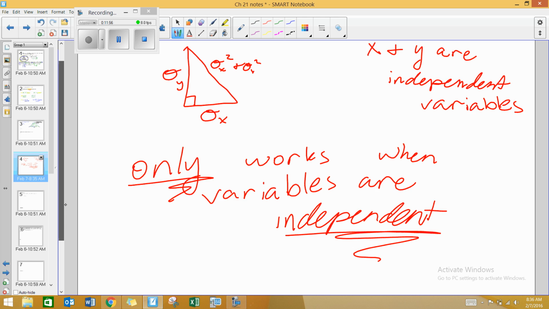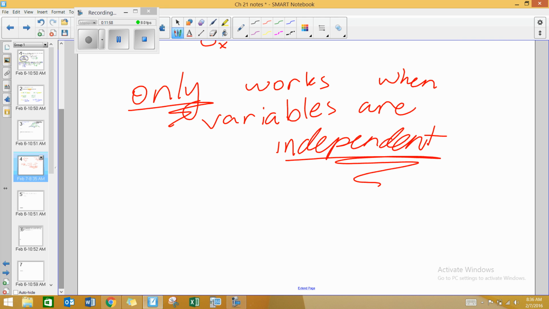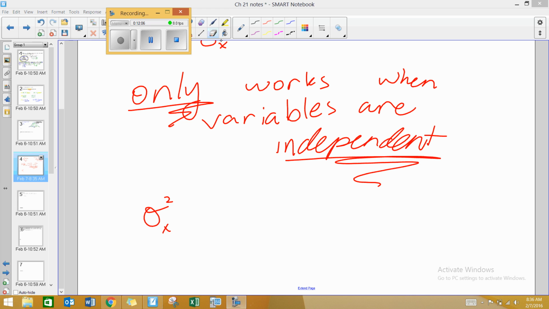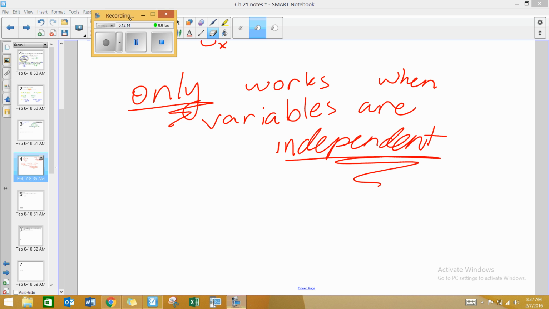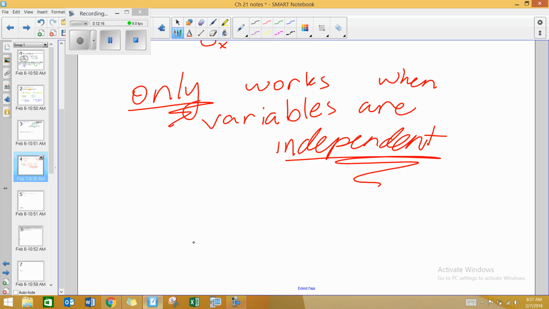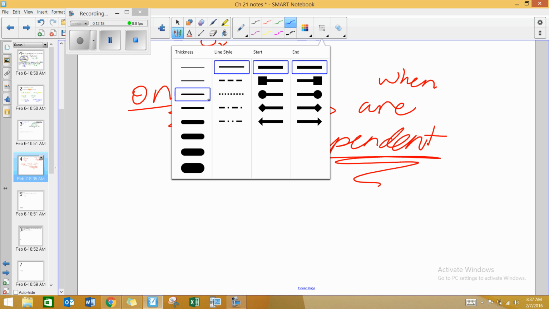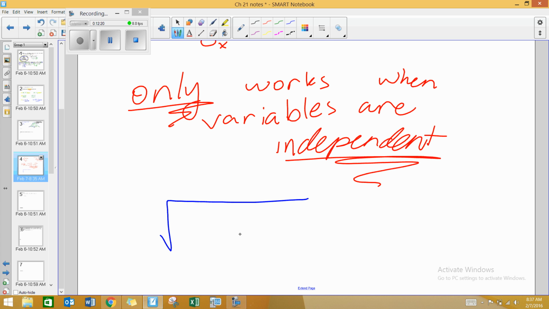Okay, so the formula we saw was when we were looking for combining random variables and when we were looking for finding the difference between random variables. And we ended up with a formula that looked like this.